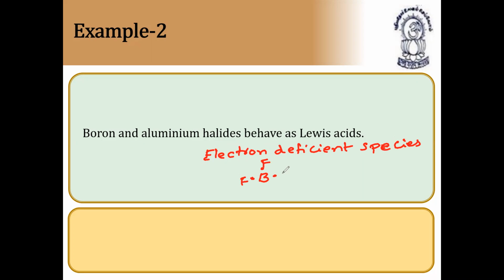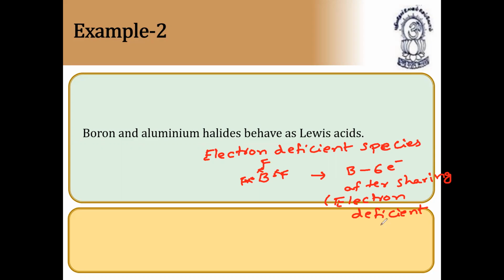Each fluorine will share one electron. After sharing, boron is getting only 6 electrons. But according to the octet rule, they should contain 8 electrons after sharing. That's why they are called electron deficient species, very, very important.